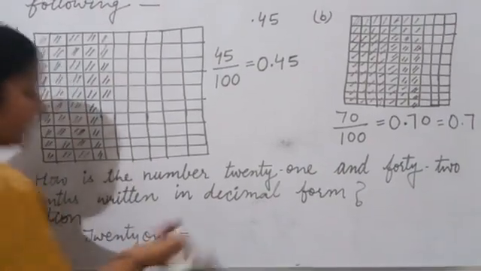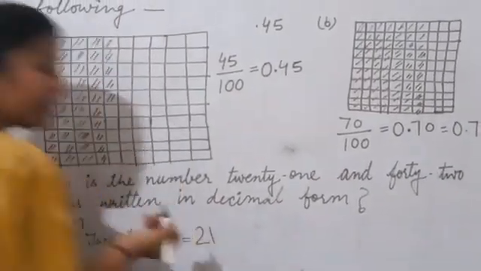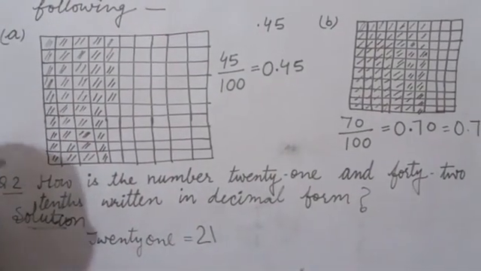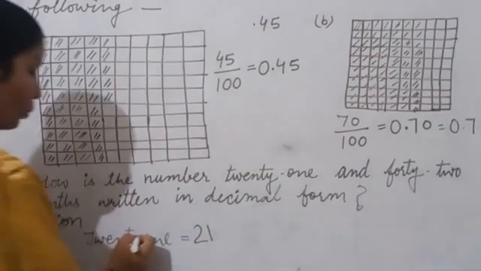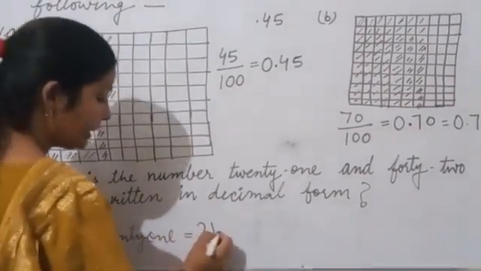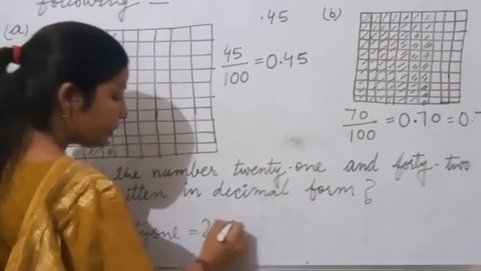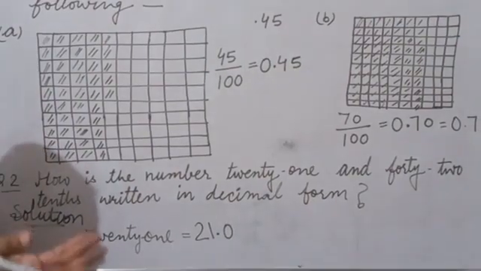How do we write 21 in decimal form? 21 is a whole number. There is no decimal part because it is not in fraction form. There is only 21, so 21 is whole. So we can put a point and we can use 0 after the point, with any number.